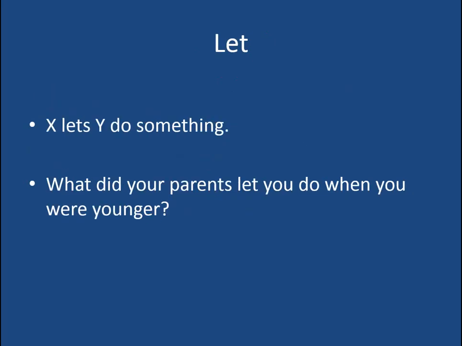So, the pattern for when we're using let, and it means allow, is X lets Y do something. A lot of students would want to put to do, X lets Y to do something, but that is incorrect. We just use do by itself.